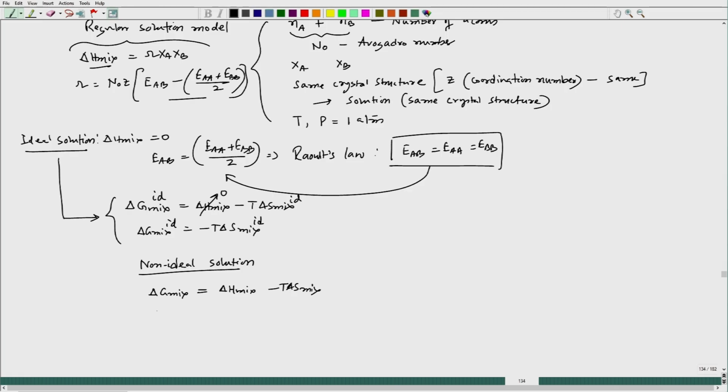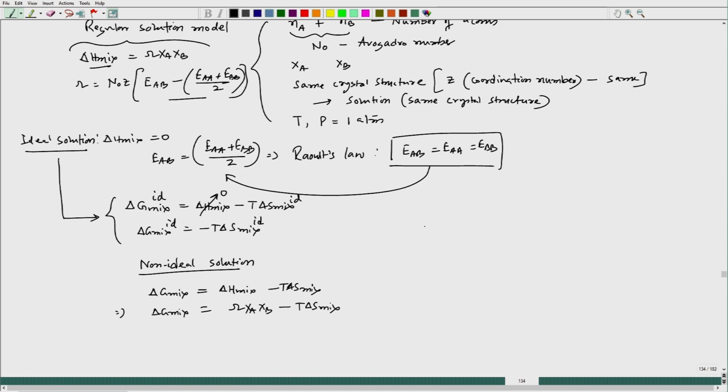Now I can write delta G mix equal to omega X A X B minus T del S mix. Now, we have taken one major assumption in the regular solution model.